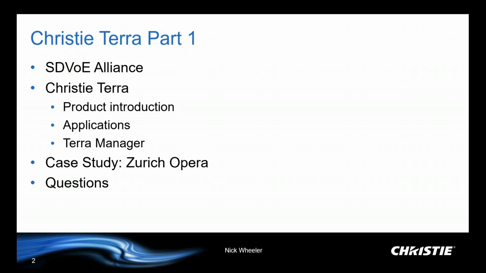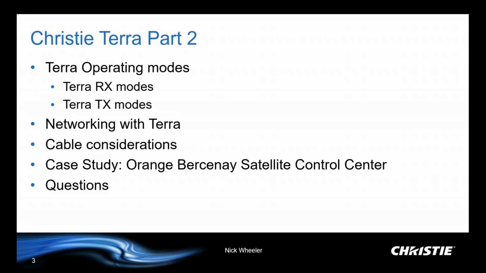In part 2, we went into the different operating modes, the RX and the TX. We went through a little bit of an overview on the networking side and how to manage a network with Terra. It's not really rocket science, and I think a lot of you were there already.